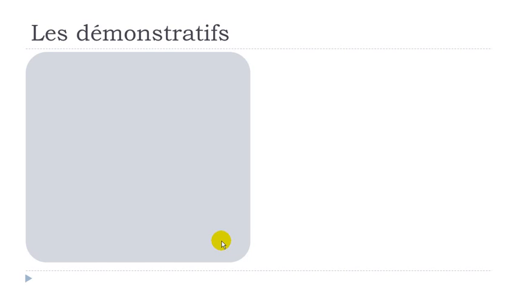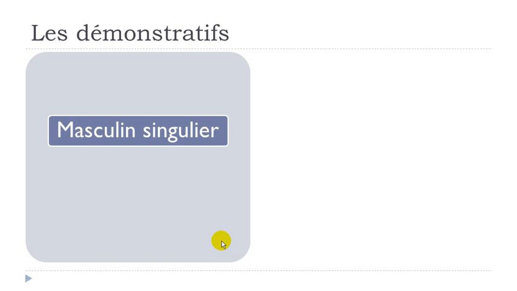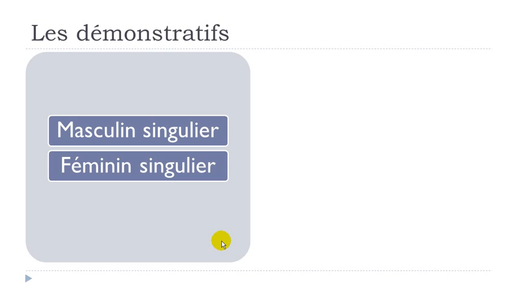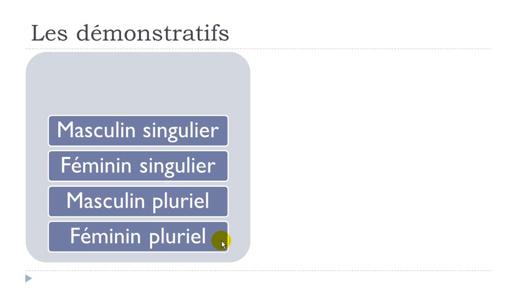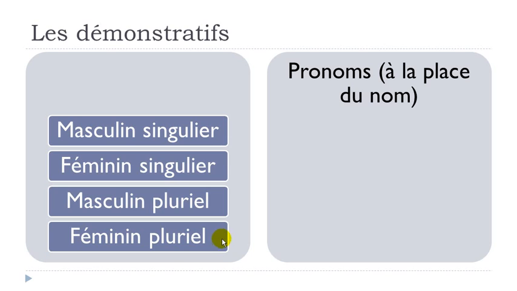So we'll see now the pronouns. Okay, so same thing. We'll see the masculin singulier, then féminin singulier, then masculin pluriel, and then féminin pluriel. Okay, so pronouns. It means that you will have to use these pronouns instead of the noun.